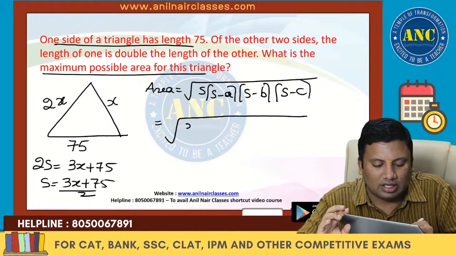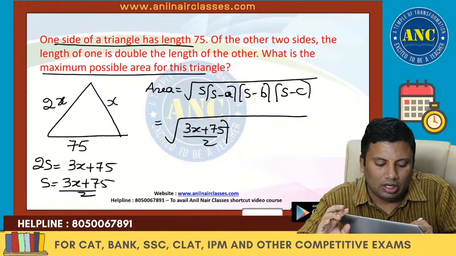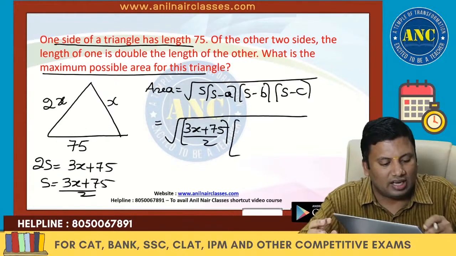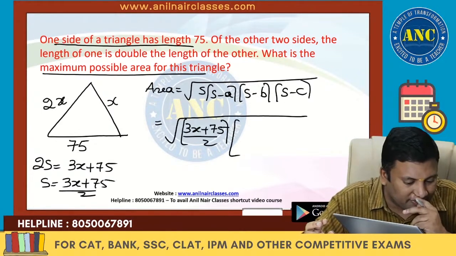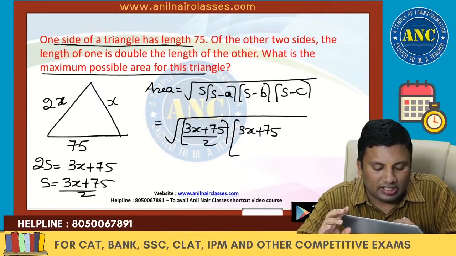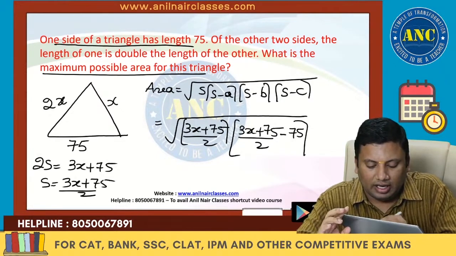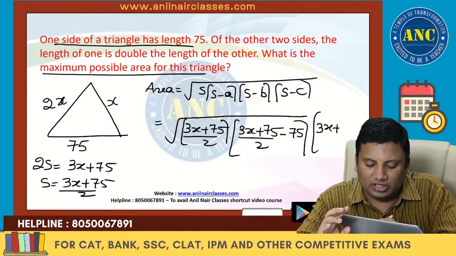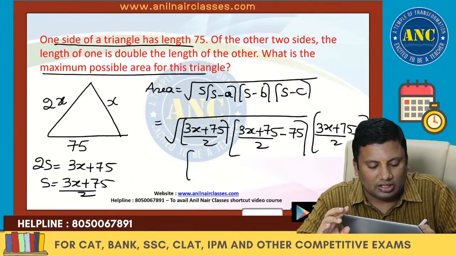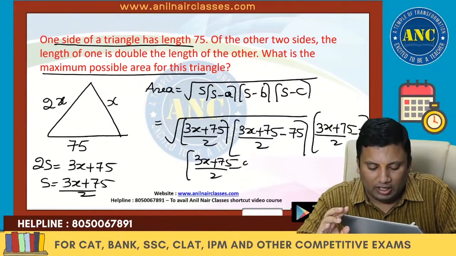So this is root of 3x plus 75 by 2, into 3x plus 75 by 2 minus 75, next 3x plus 75 by 2 minus x, next 3x plus 75 by 2 minus 2x.